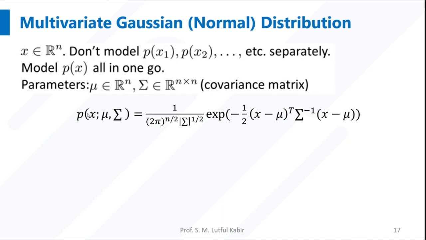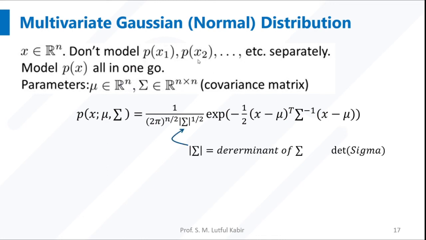And the formula, which we don't have to remember, states that p(x) is parameterized by mu and sigma, and this equation is like this one: 1 over (2 pi) to the power n by 2, and then the determinant of sigma to the power half, and then e to the power minus half (x minus mu) transpose, and then sigma inverse, and then multiplied by again (x minus mu).